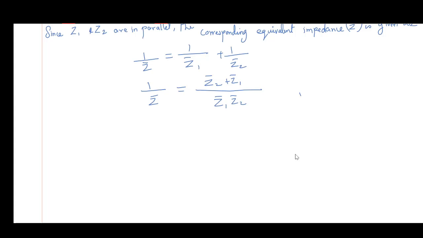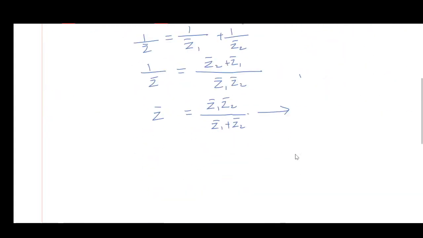So Z bar is equal to Z1 bar into Z2 bar divided by Z1 bar plus Z2 bar. Take it as equation number 3. So we calculated the equivalent impedance value.